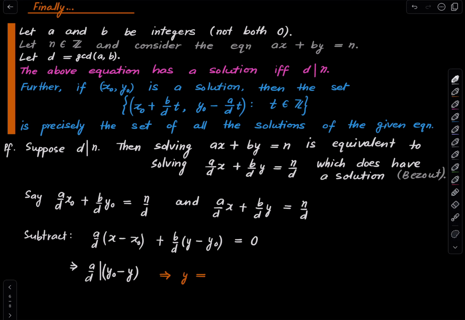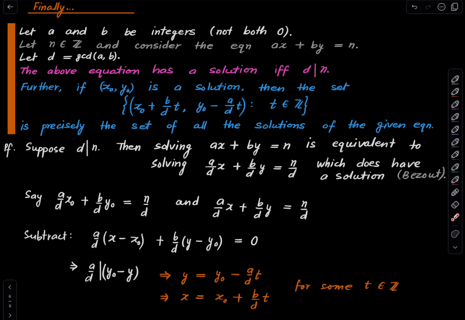So we have that, and therefore y is equal to y0 minus a by d times t for some integer t. And as we saw, this forces that x is x0 plus b by d times t. If you substitute this in place of y here, you get x is that. So if x and y solve this equation, they necessarily are lying in this set. The pair x comma y is lying in this set, and anything that lies in this set solves this.